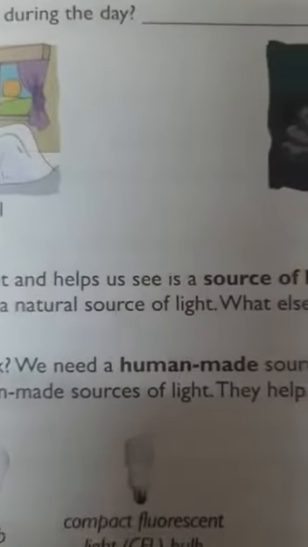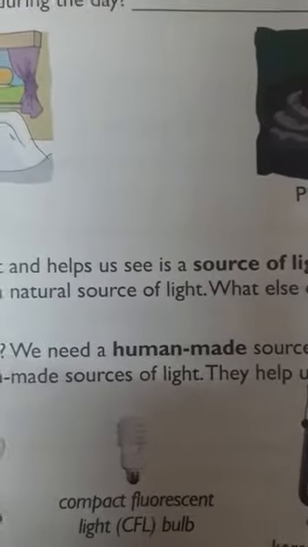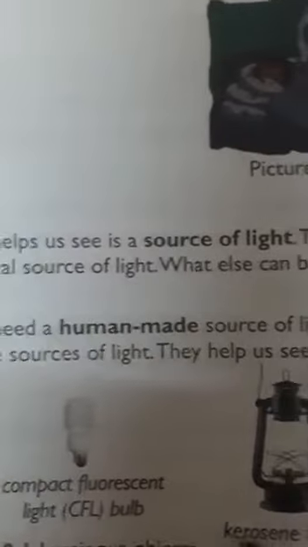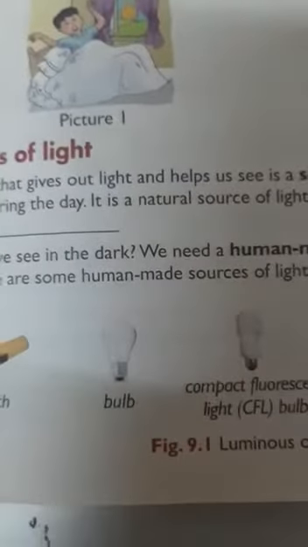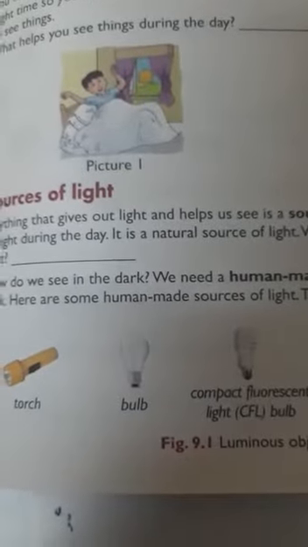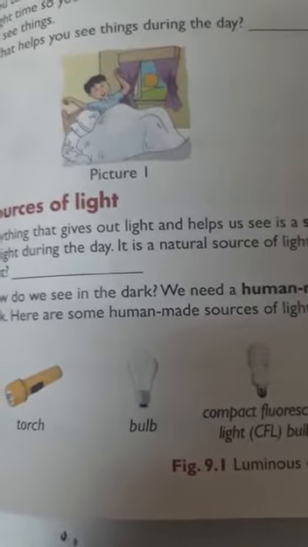Then compact fluorescent light, CFL bulb, kerosene lamp, table lamp. These are some sources of light which are human made. So in the darkness or in the night time, we use these things to see the objects clearly.